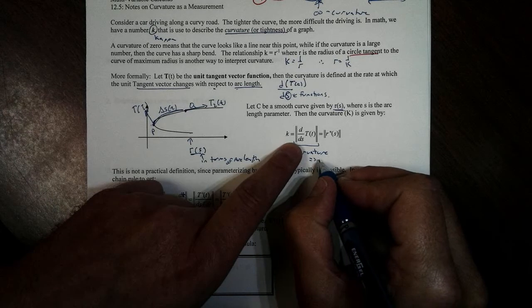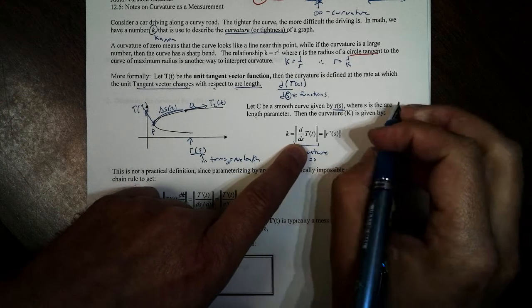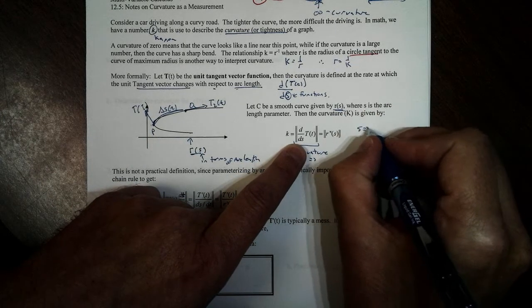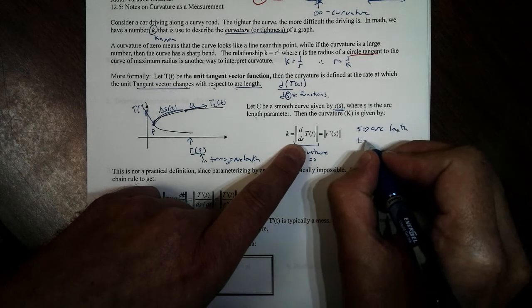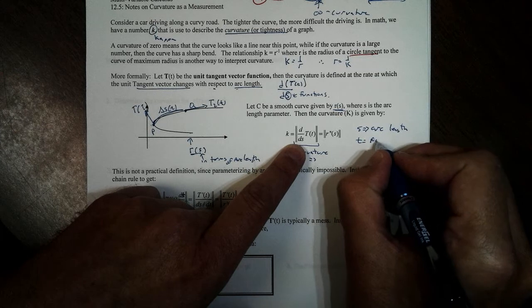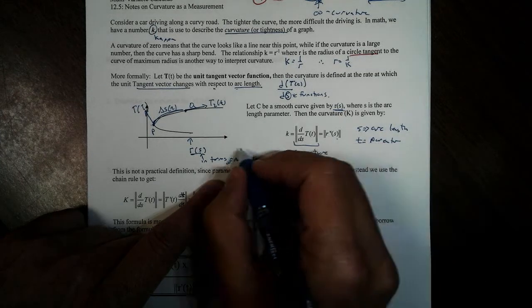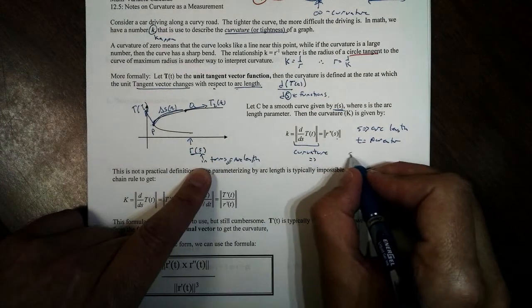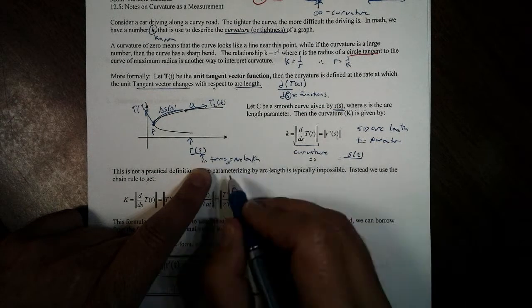It's the change in the unit tangent vector with respect to arc length, where s is the arc length and t is our parameter. This could be written in terms of s, because remember, s is a function of t. So you can see that's going to get very confusing.